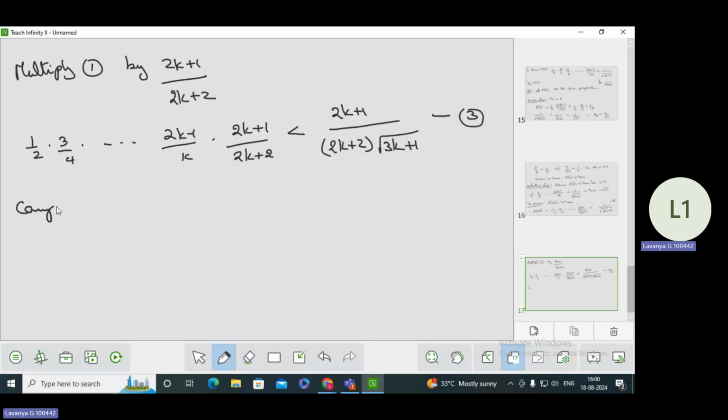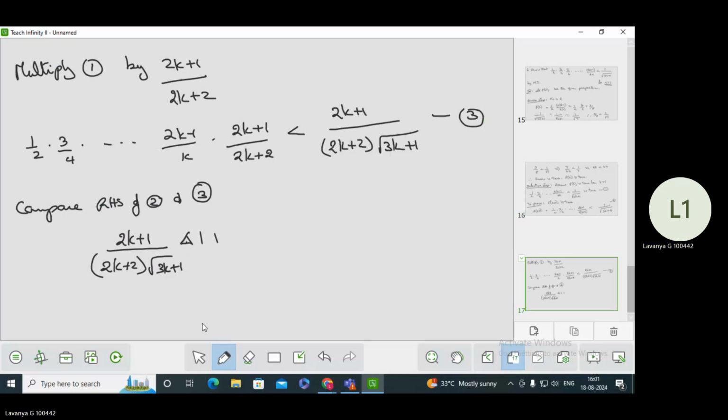Now, comparing the right hand side of 2 and 3. What happens? I can definitely say my 2k plus 1 divided by 2k plus 2 into square root of 3k plus 1 is going to be strictly less than 1 divided by square root of 3k plus 4.